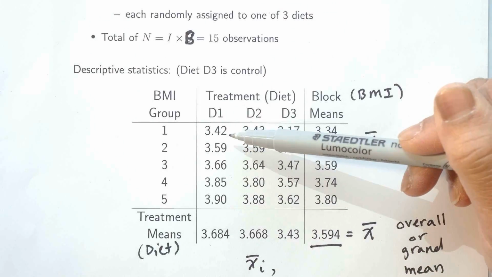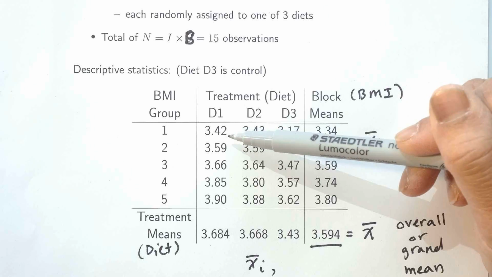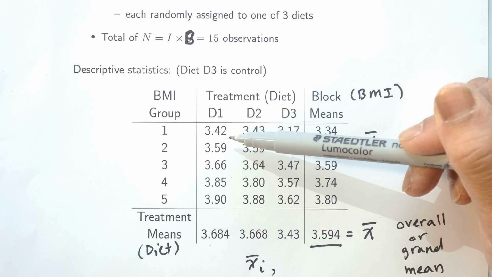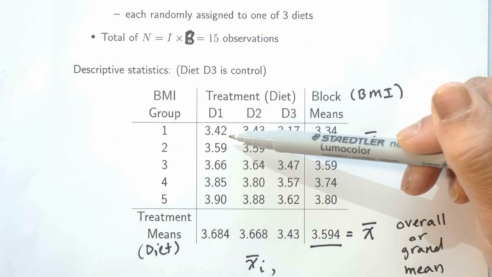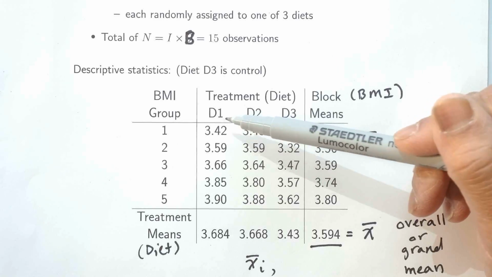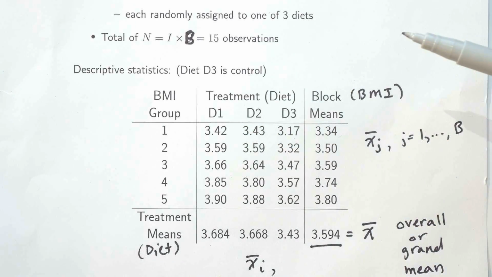So 3.42 is the number of pounds of weight reduction for the male in group 1, which had the lowest BMI category that was assigned to diet 1, for example.